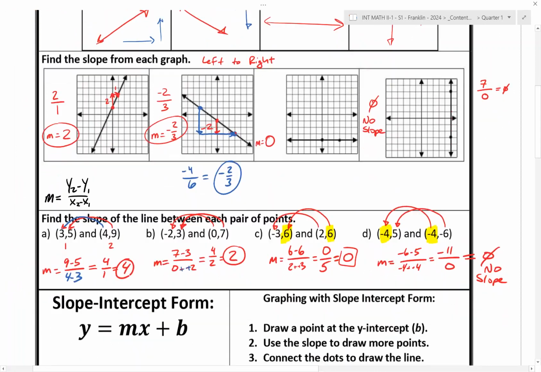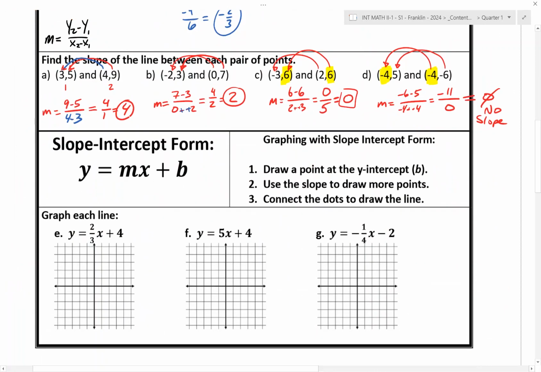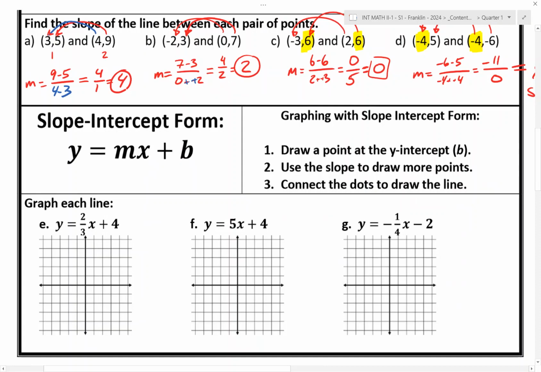Now let's use that information to graph a line given in slope-intercept form. So slope-intercept form is an equation in this form, y equals mx plus b, where m is the slope, so that number would go there. Whatever your slope was would go in front of x, and b is the y-intercept, which is where the line crosses the y-axis.